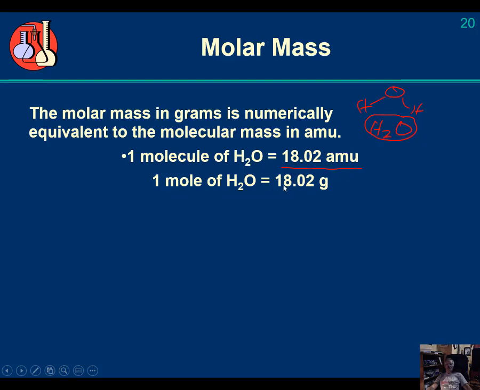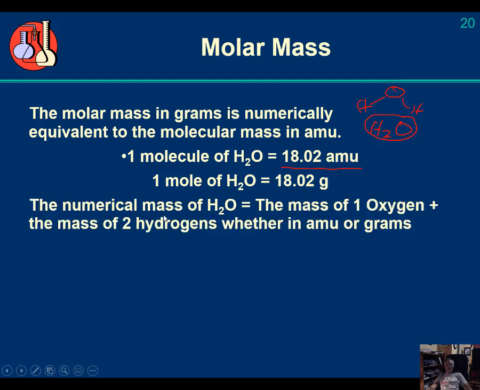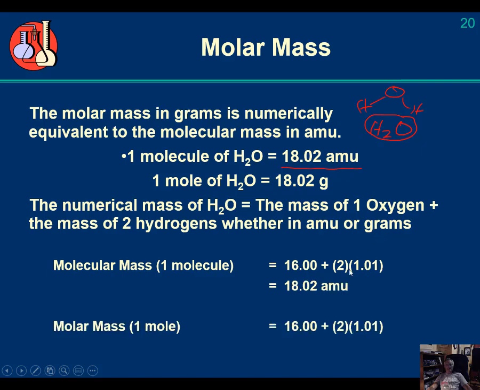Don't round off to whole numbers, at least 2 decimal places in all your calculations, please. So the numerical mass of H2O is equal to the mass of 1 oxygen and the mass of 2 hydrogens, whether or not you're talking about a molecule in AMU, atoms in a molecule, or a mole in grams. Same number, okay? Different unit.